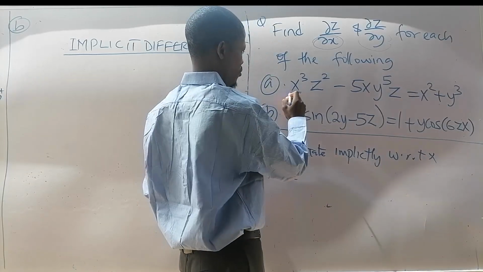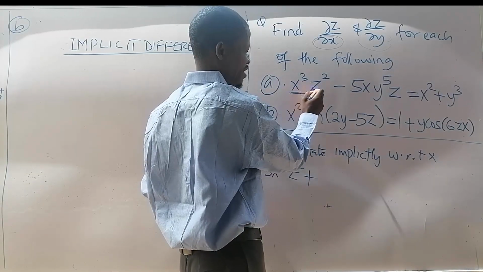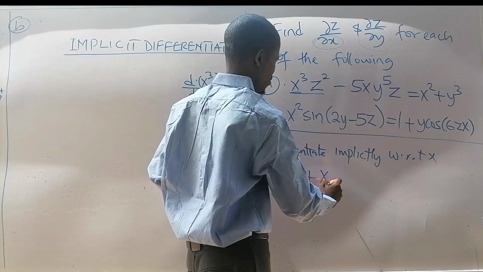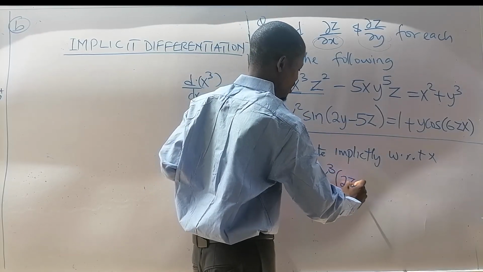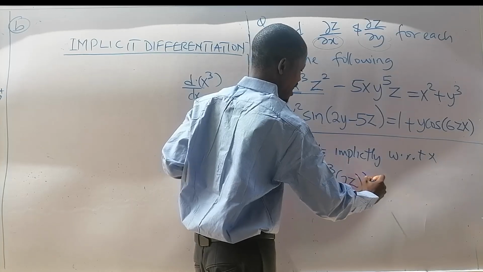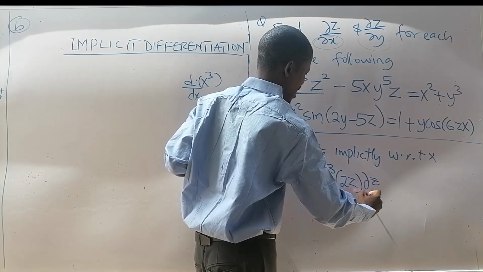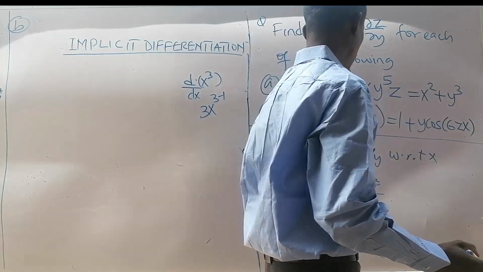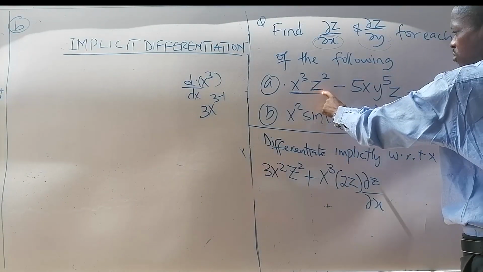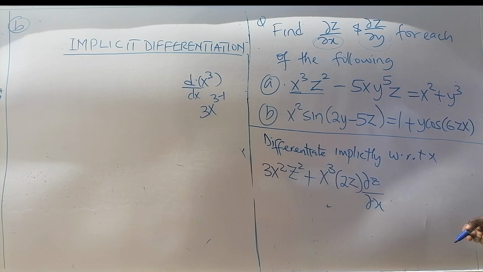Then you keep this one constant. It's a product rule. Then plus, this one constant and differentiate this one. So I'm going to keep this one constant and differentiate this one, which is what? 2z, and that will be what? Del z/del x. That's the implicit differentiation, because z is also a function. Then minus, actually we have two functions that are differentiable.